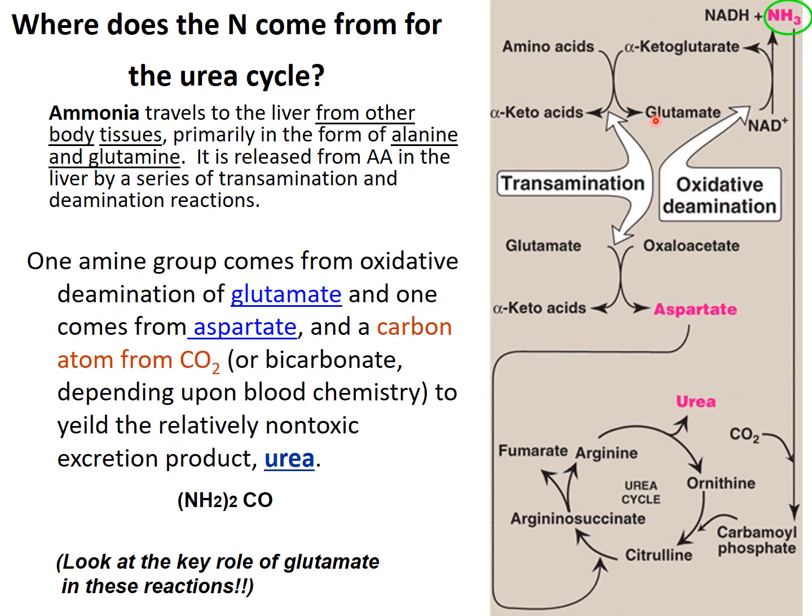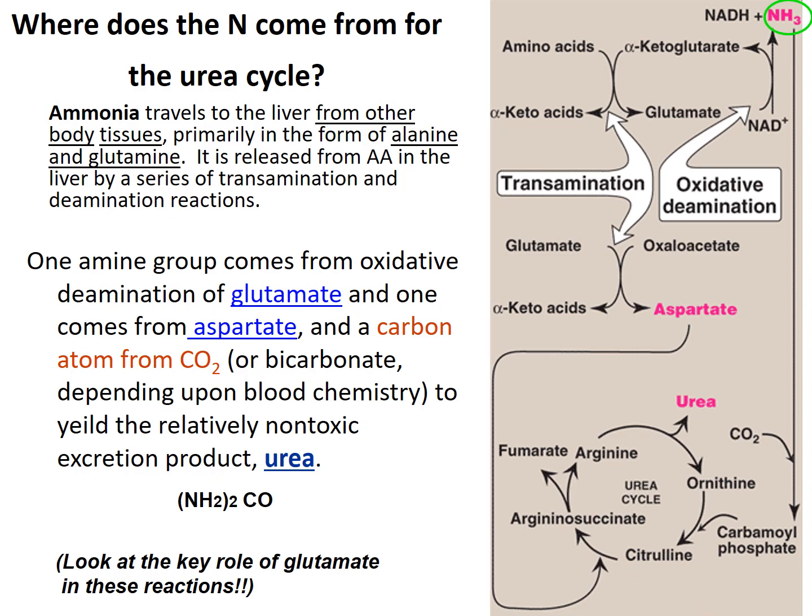Now, this is just exactly the same to show you that ammonia is going in the form of ammonia and joins the urea cycle. And we also put nitrogen through aspartate into the urea cycle because we are actually eliminating two nitrogen groups, one from ammonia, one coming through aspartate.